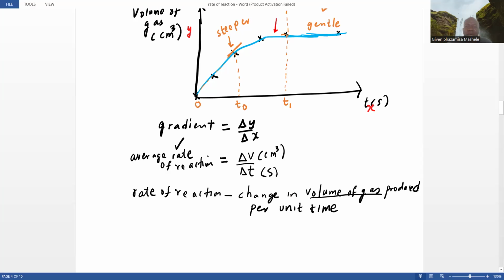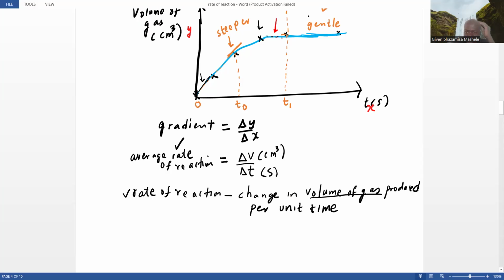Now, as I was saying, look at this. It shows that at the start of the reaction the graph is steepest, which is the fastest point of the reaction. But later the reaction becomes very slow, then it comes to completion and the graph becomes gentle.